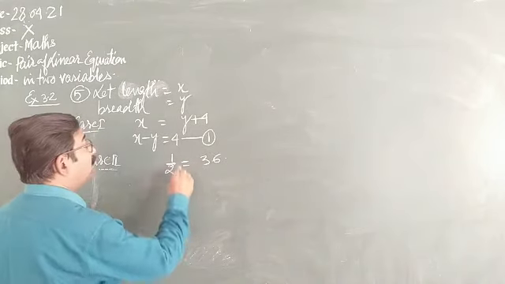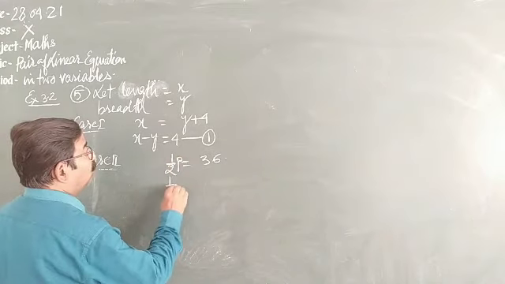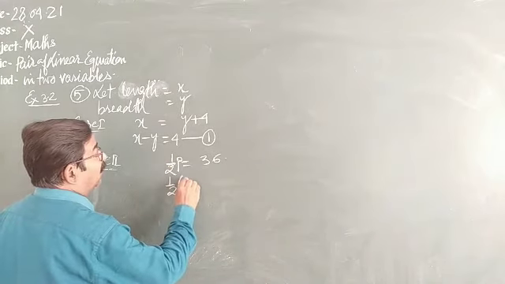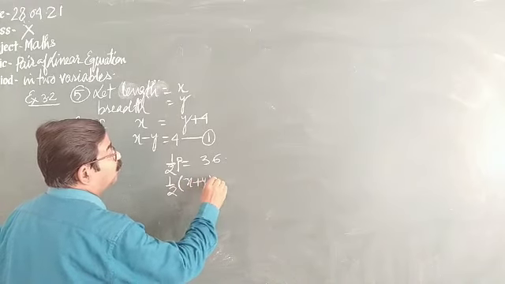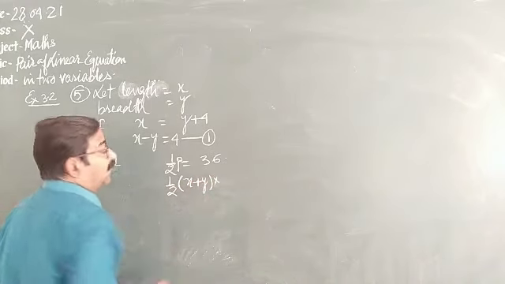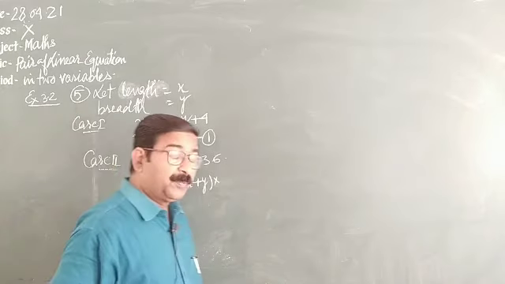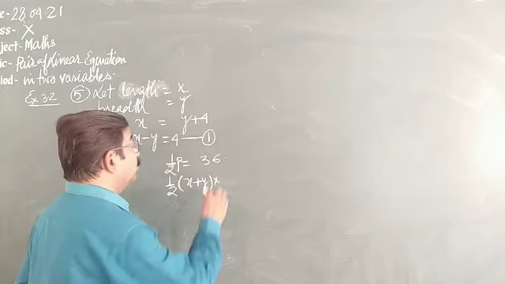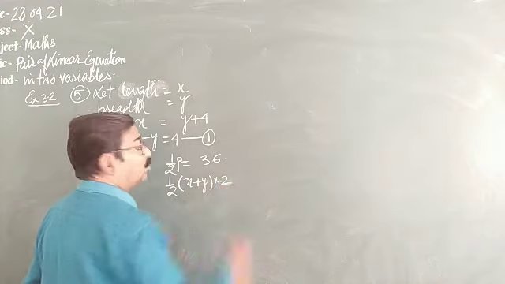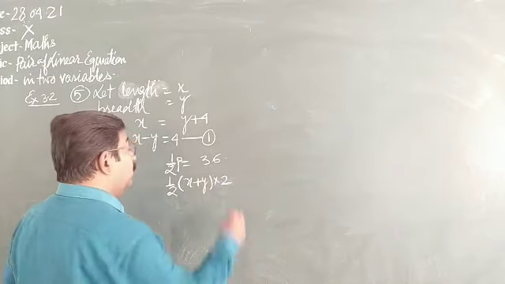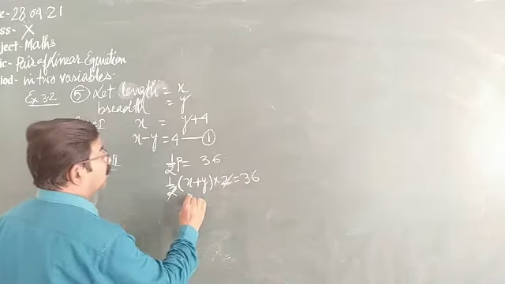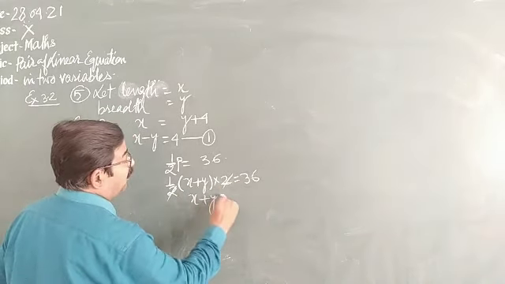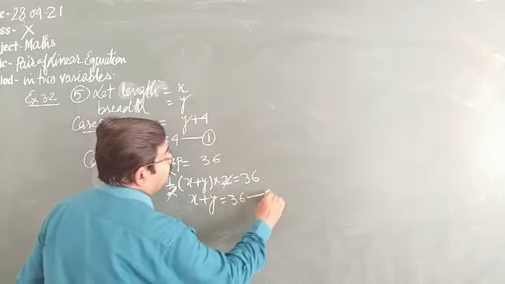So write the formula: 1 upon 2 and this is x plus y into... what is the perimeter? 2 into l plus b is equal to 36. This 2 and 2 will go, so we have x plus y is equal to 36.